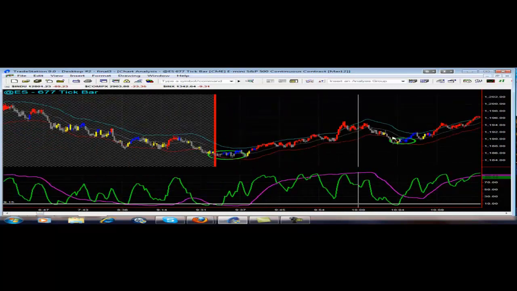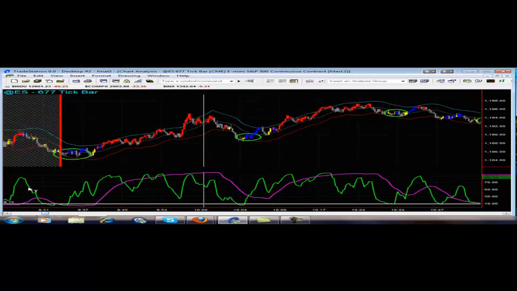Next, what we're doing is looking for a pullback entry. If we had happened to miss this trade here, we're looking for a pullback entry. And to define a pullback, the things that need to occur are the purple RSI is irrelevant for a pullback entry. The green RSI needs to break the 10 level.